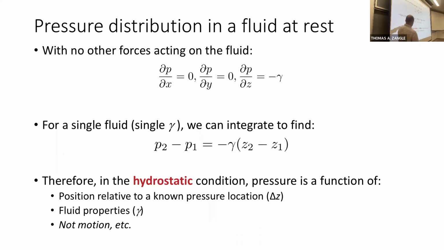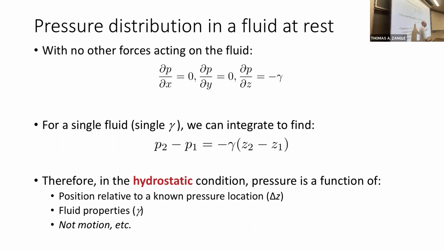But what this equation and that set of equations is telling us is that in the hydrostatic condition, remember, when there's no fluid motion, pressure is really just a function of the position relative to some known location.